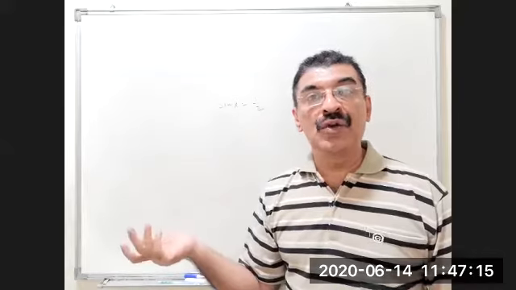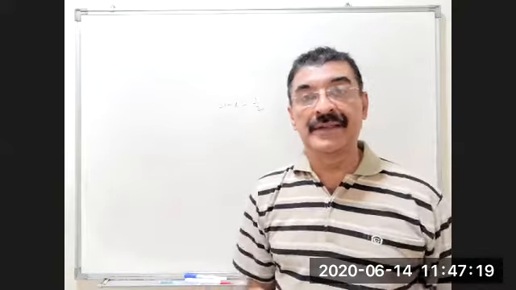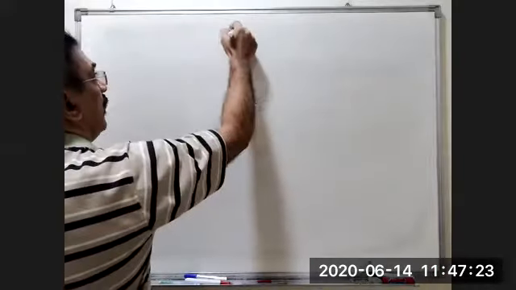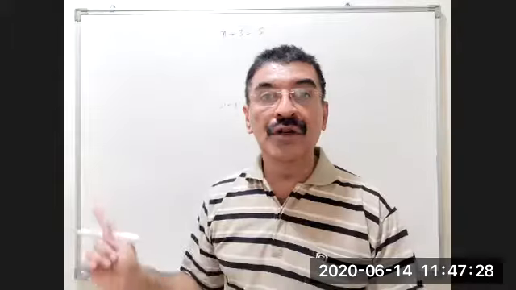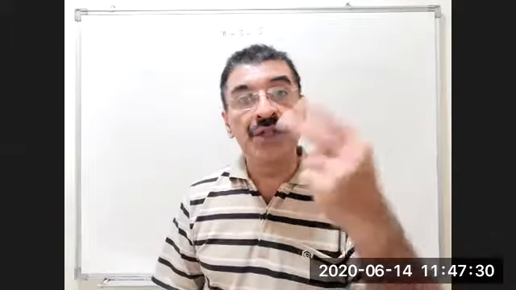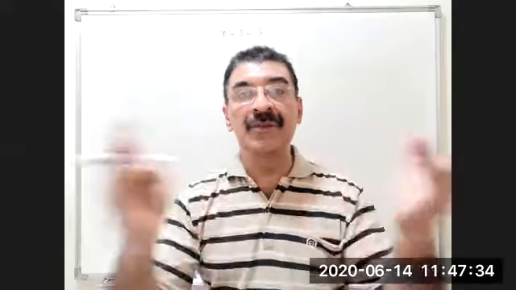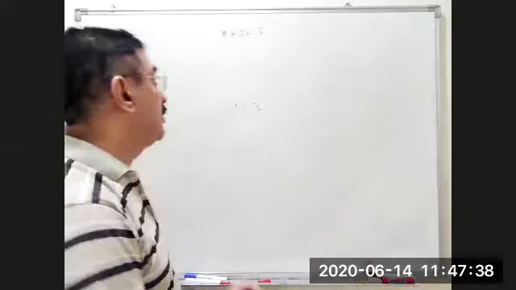Solution of an equation means the value of the variable which makes it a true sentence. For example, x plus 3 is equal to 5. Here the solution is x is equal to 2. Why is 2 called a solution? Because if x is 2, LHS and RHS become the same.